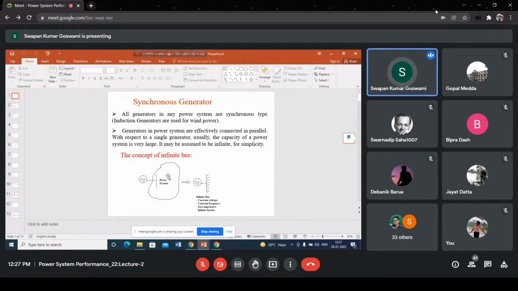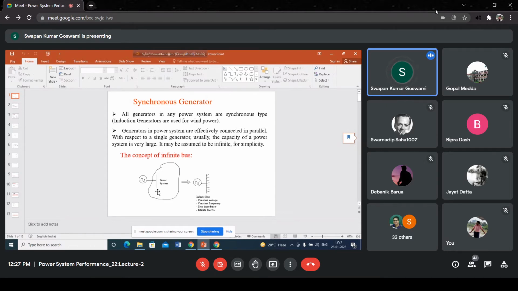This part represents the whole power system, and this bus will be given a name: the infinite bus.